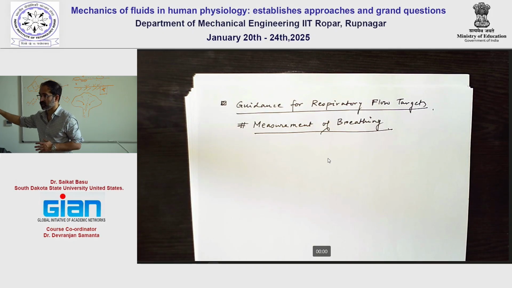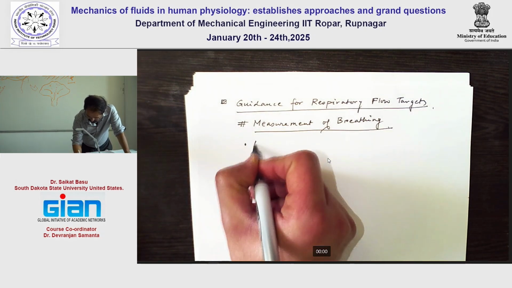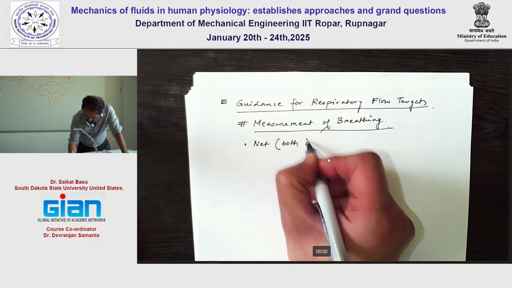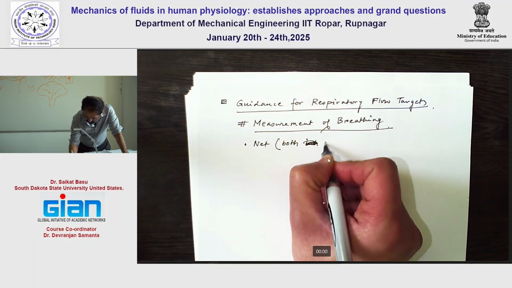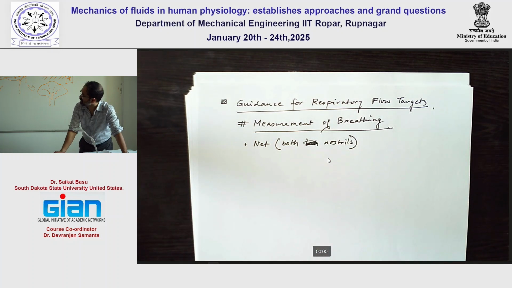So that's what their target was, to figure out some kind of a breathing rate formulation which is a function of the body weight of the person. So that's what I'm going to write down next. So the net, as in the flux going in through both the nostrils, which is what we simulate as well. So I don't think anyone asked me yet.